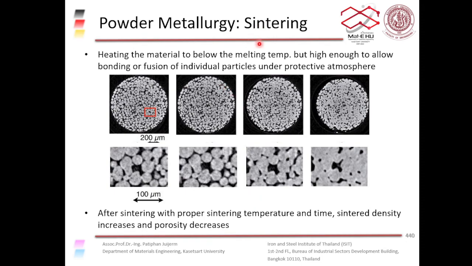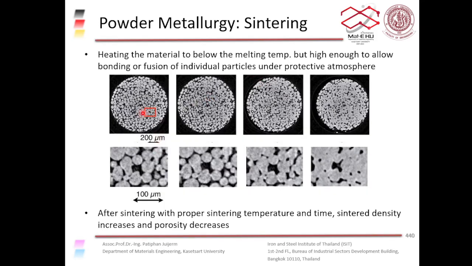That step is called sintering. Sintering is a step when you heat the material to below the melting point, right? So it is at a high temperature, but below the melting point of that material, yet high enough to allow bonding or fusion between each individual particle under a protective atmosphere.